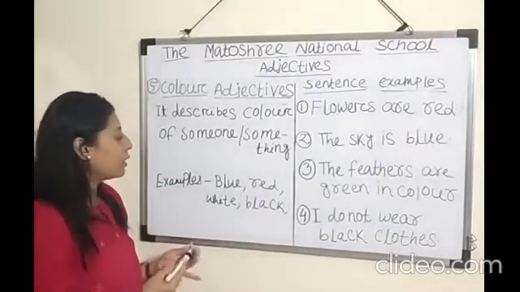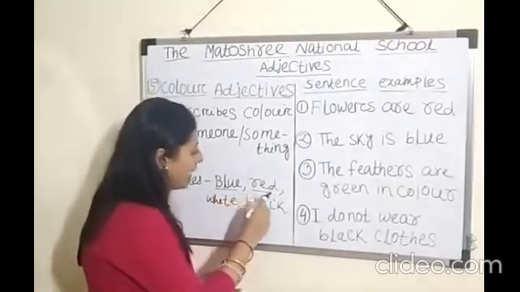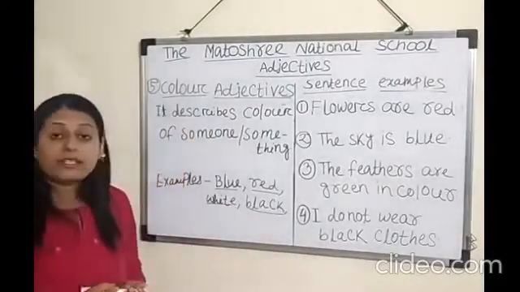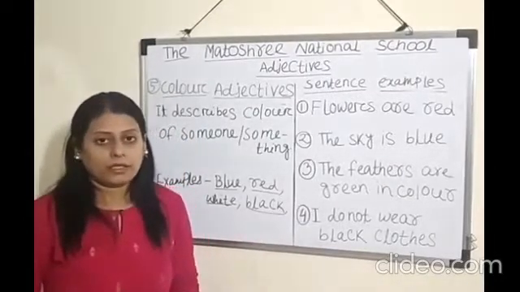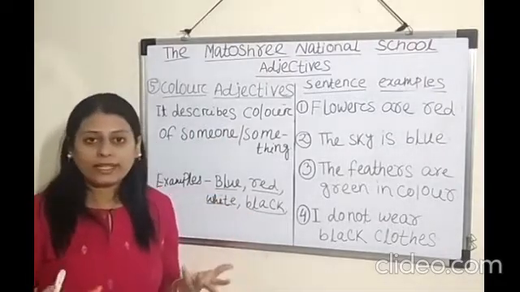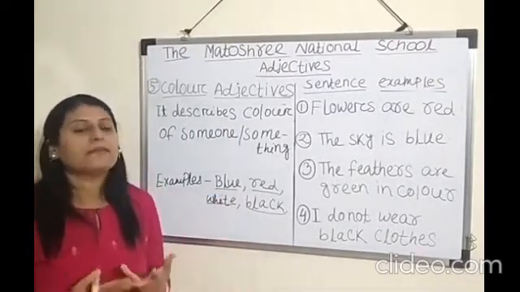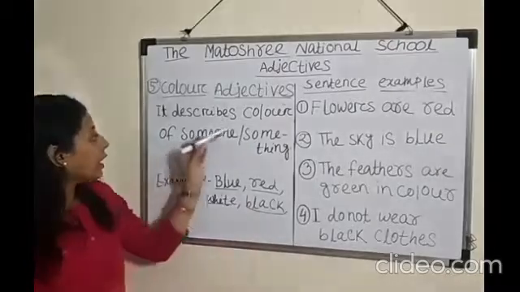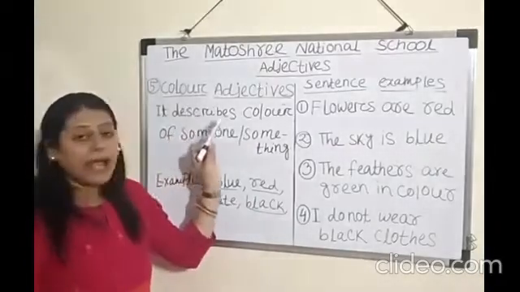Examples are blue, red, white, black. We see different colors in our surroundings, just like blue, red, white, black, yellow, green. So, color is an adjective.